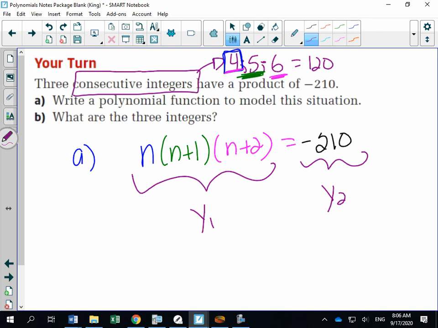Please realize that this is going to be a straight line at negative 210. So I'm going to bring my y minimum down to at least maybe negative 250. And for my x values, I'm going to go from maybe negative 10 to positive 10. So let's punch this in y1, this in y2, and see what we get.